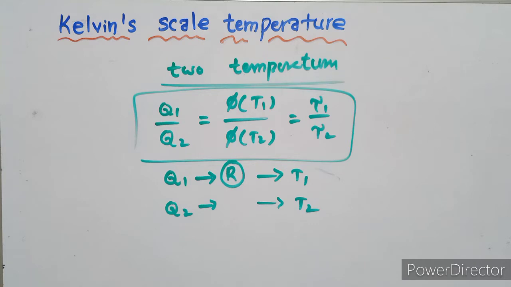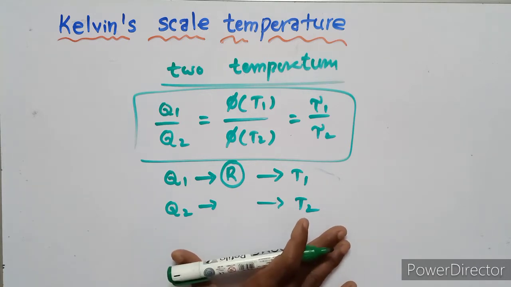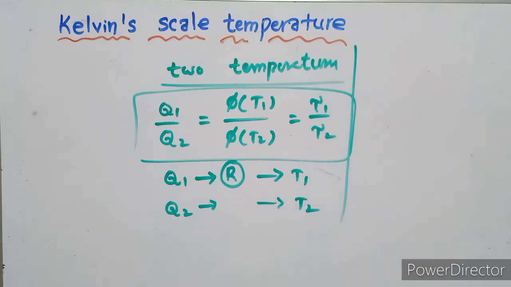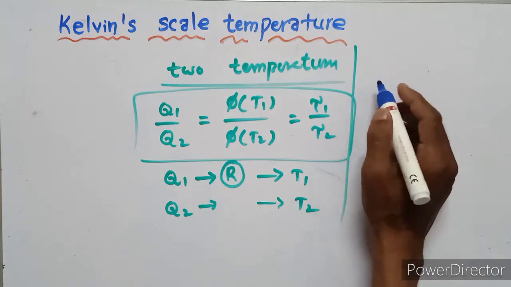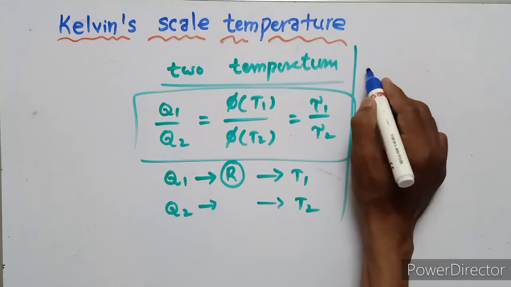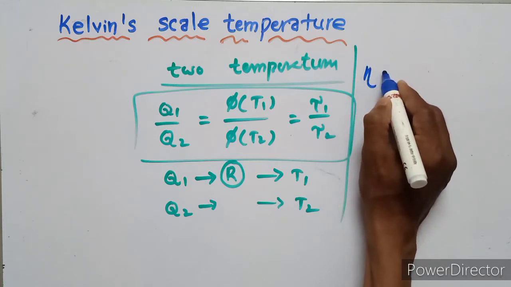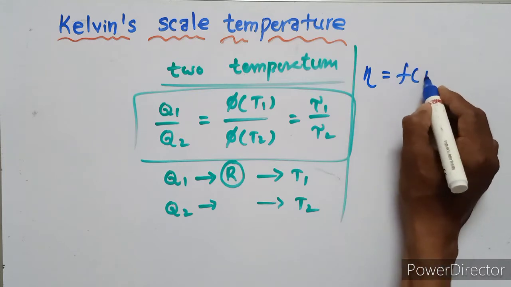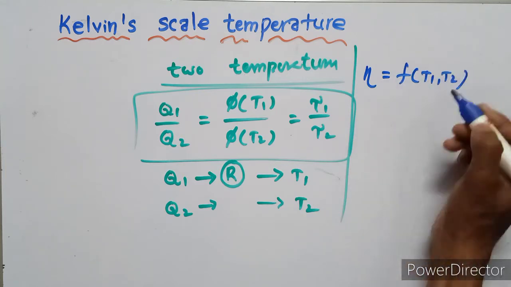According to the Kelvin scale temperature concept, the efficiency of the heat engine is equal to a function of temperatures T1, T2.